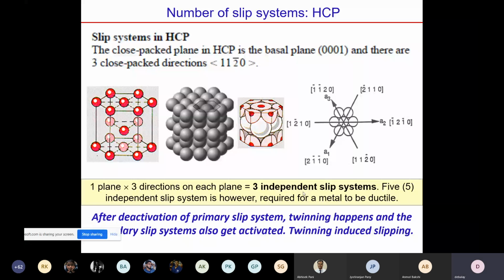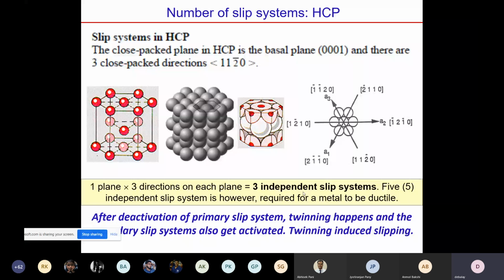Twinning. So in metals, predominantly, if someone asks you what is the preferred mode of deformation, what would be your answer? Slip.